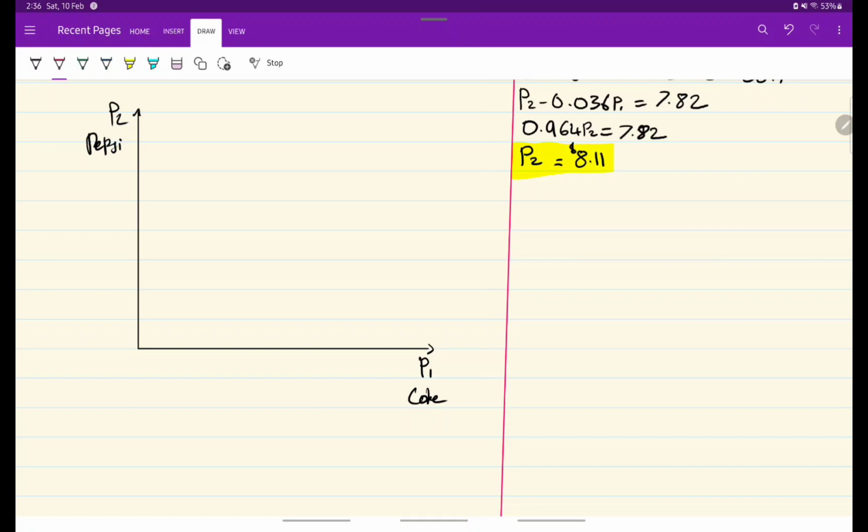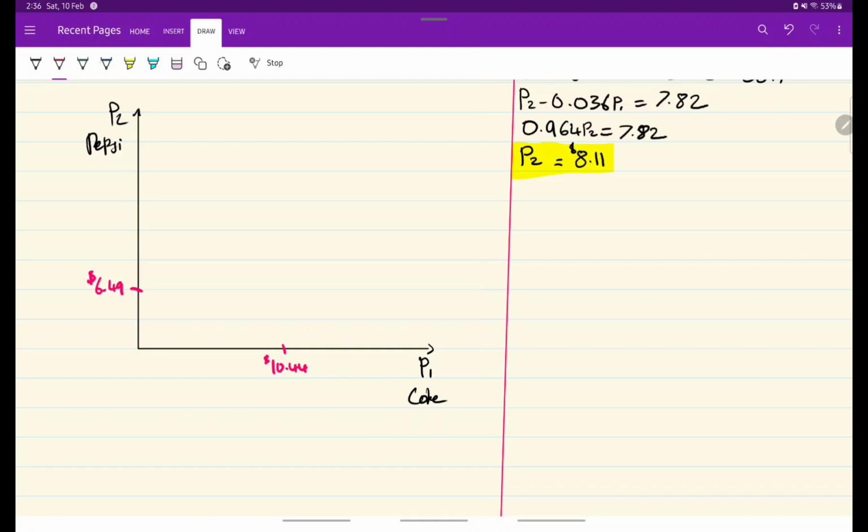So, Coke, $10.44, and, oh, come on, $6.49 for Pepsi. I think that's the lowest they can charge.